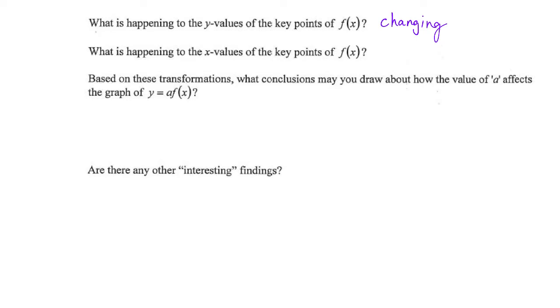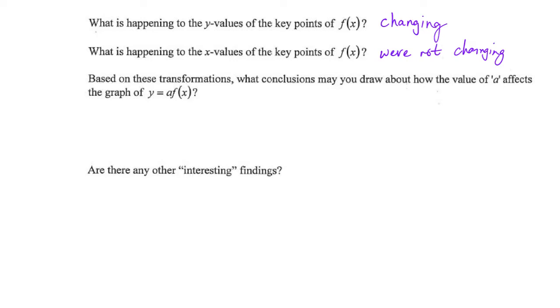That then got changed to a maximum of 2, to a maximum of 5, to a maximum of 0.25. The y values were changing on that graph. What happened to the x values of the key points? They were not changing. And you may say they're staying the same, but they were not changing at all.